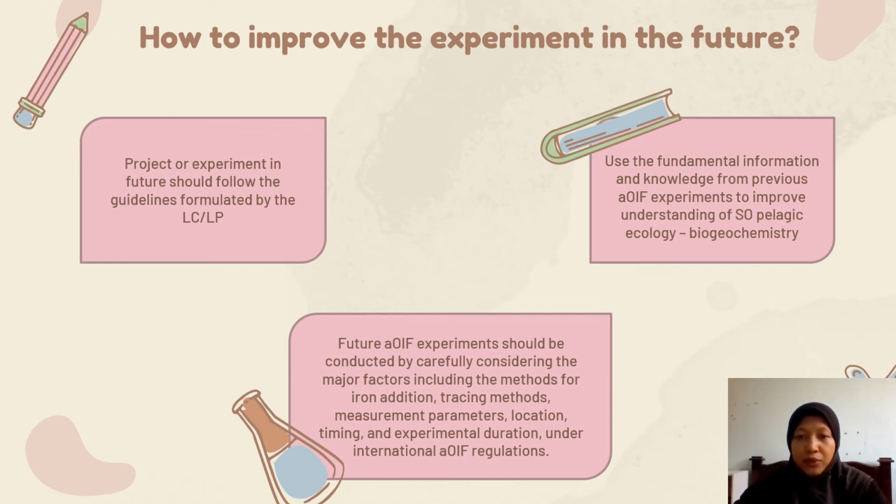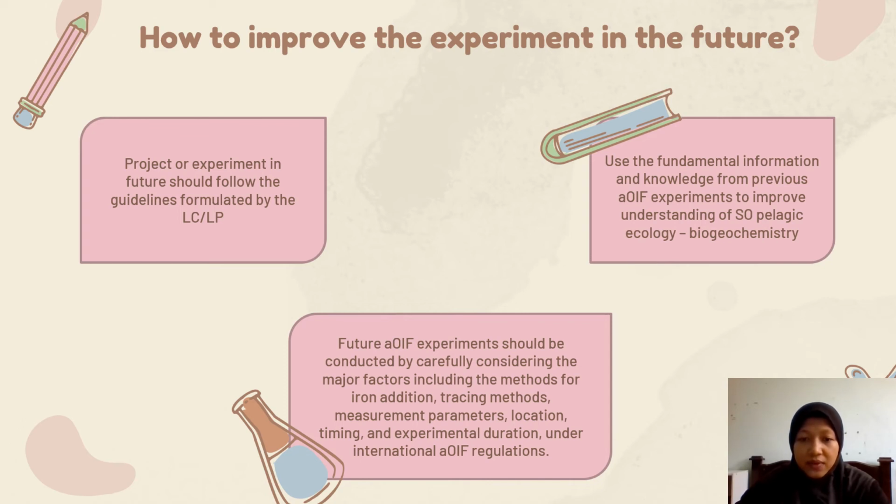Among the improvements that can be made are: first, projects or experiments in future should follow the guidelines formulated by the LC/LP. Second, future artificial OIF experiments should be conducted by carefully considering the major factors including the method for iron addition, tracing method, measurement parameters, location, timing and experimental duration under international artificial OIF regulation.